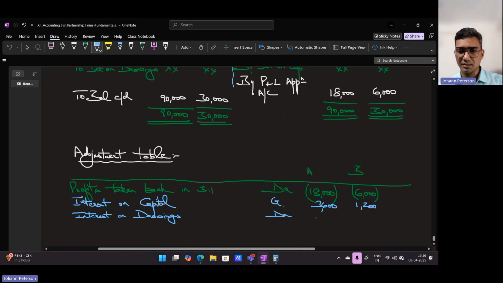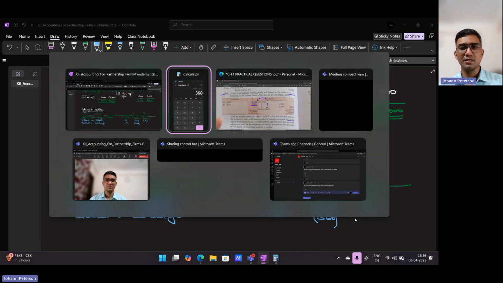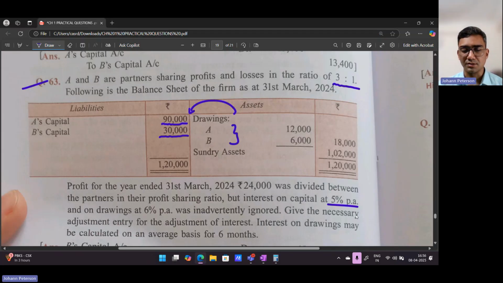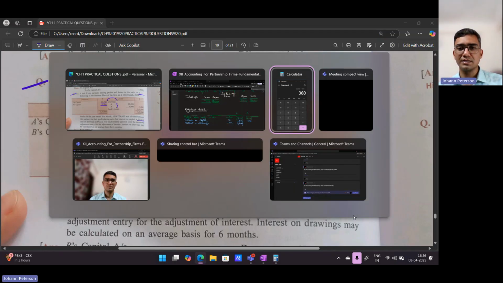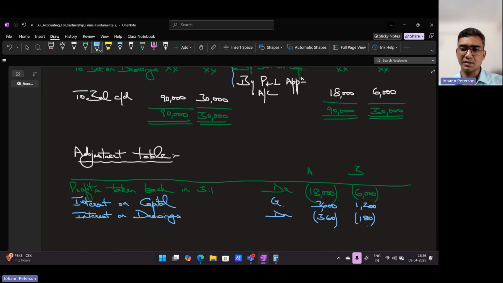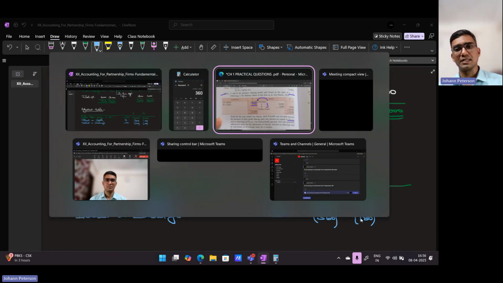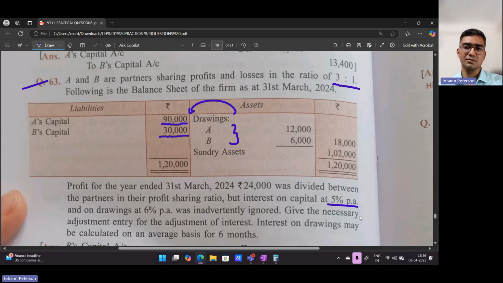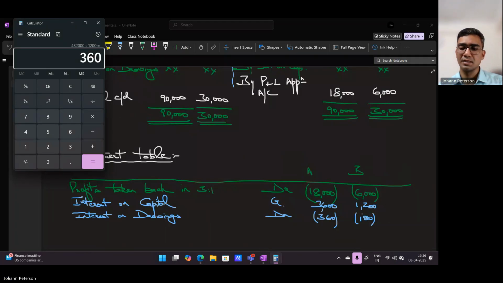So interest on drawings is 360 for this person, and for the other is going to be on 6,000. So that means half of it, 180. Let's just check it. On 6,000, 6,000 into 6% into 6 months, which is the average period, divided by 1,200, which is 180, right?